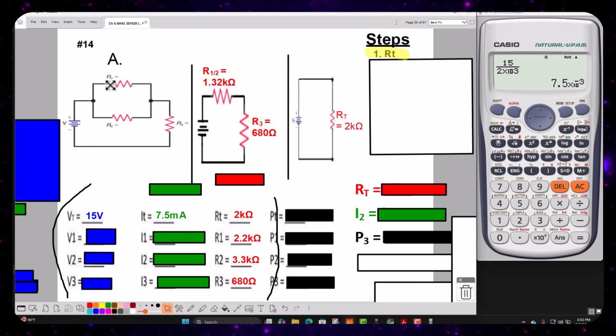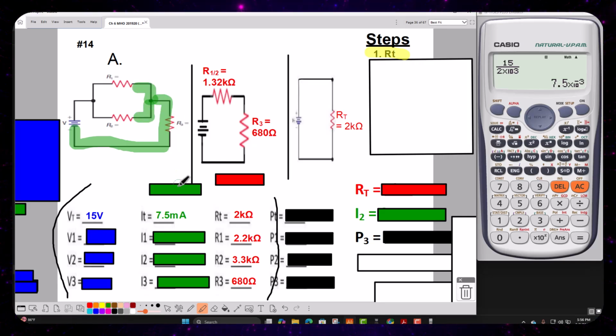Now, any resistor on the main branch is going to have the same amount of current flowing through it as IT. Well, in this case, R3, you can look at how the circuit is laid out. All the current has to go through R3 before it can get to here and split.